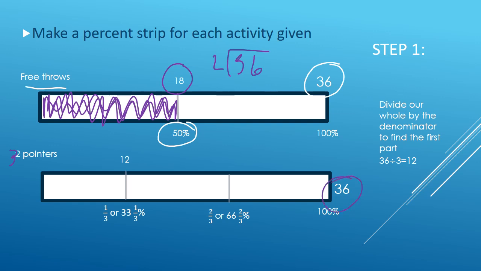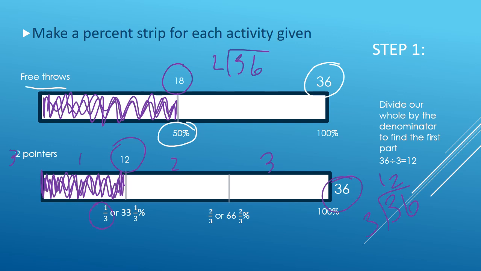Now for three-pointers, I don't know why it says two-pointers, sorry about that. Again, my whole is 36. We know that he spent 1/3 of his time practicing those three-pointers. So you see how I cut the strip into thirds, 1, 2, 3 parts. If I just divide 36 by 3, that gives me 12.